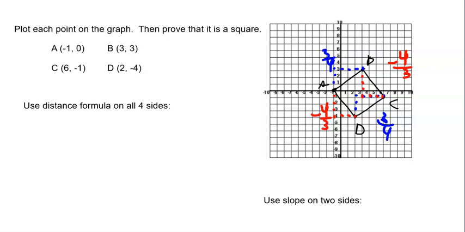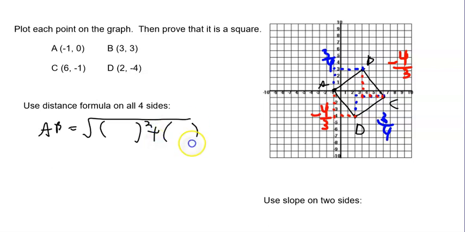So when I do the distance formula, since they're the same slope, I just need to do one of each opposite sides. So I'm going to do AB, and then again, I don't care which number goes first.